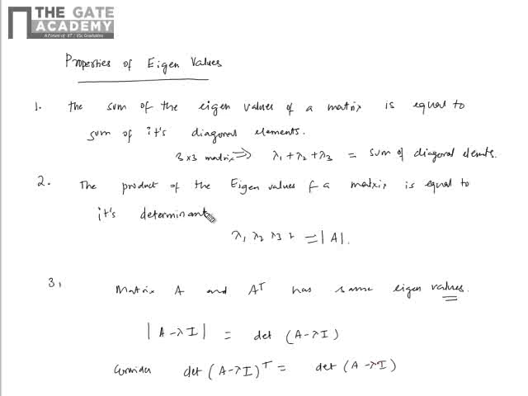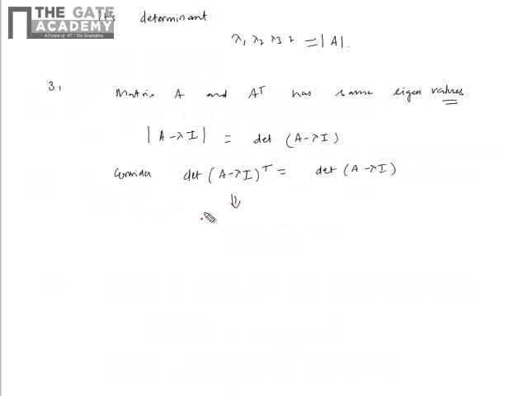So if you have the determinant of some matrix, that value is equal to the determinant of the transpose of that matrix. Now this I can write as the determinant of A transpose minus lambda I transpose.